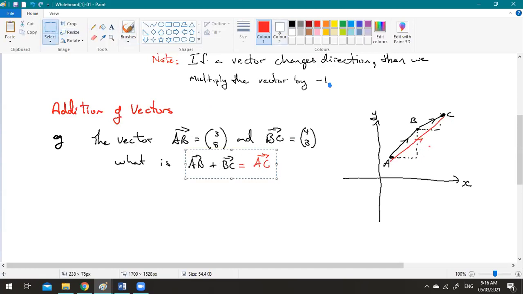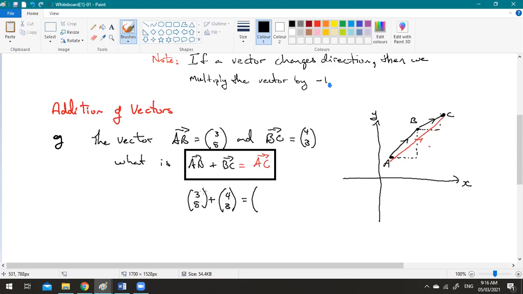This rule is also called the triangle law for vectors in addition. But we will go through that after. So what it is really doing for addition is, like in matrices, we add the rows.